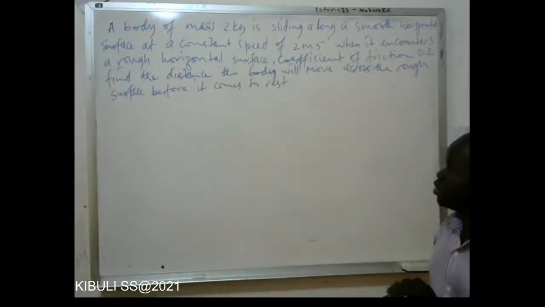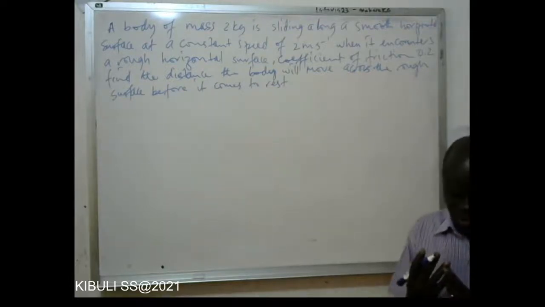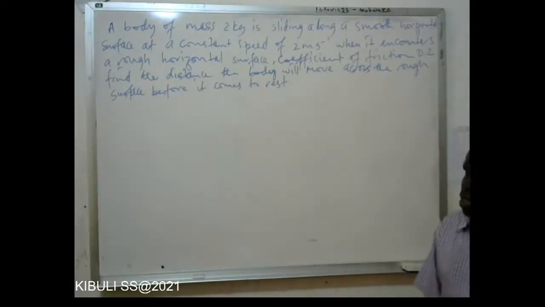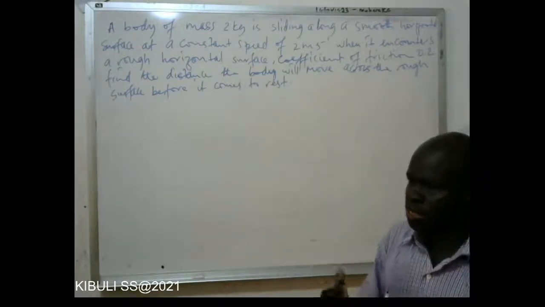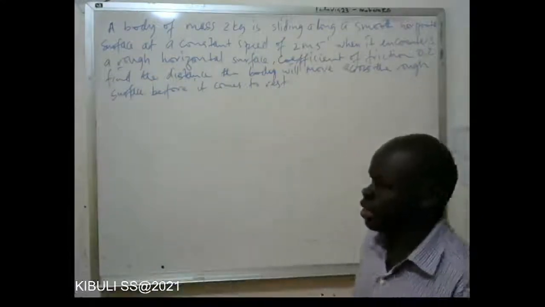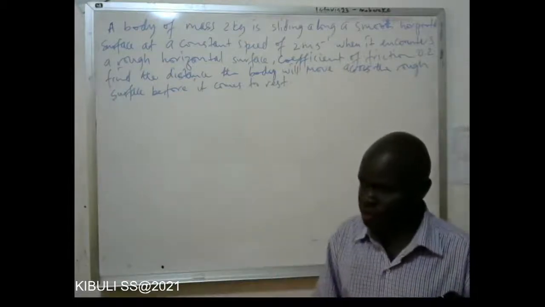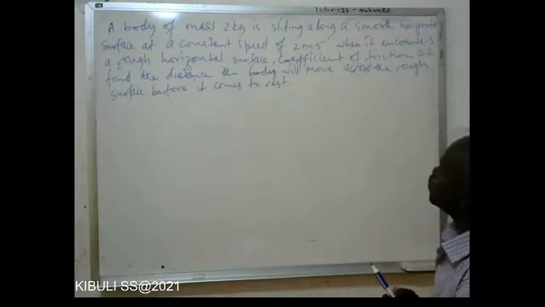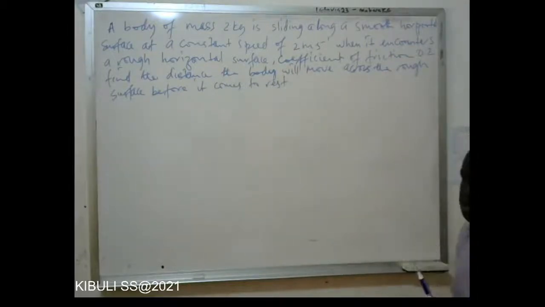Okay? So in this case, we need to understand the question very well. The question has two situations here. It has the body moving across a smooth surface, and then the body moving across a rough surface. When the body is sliding along the smooth surface, there is no resistance to its motion.